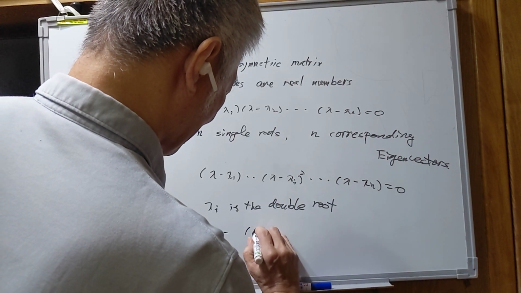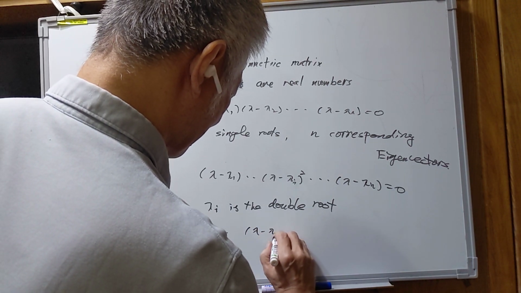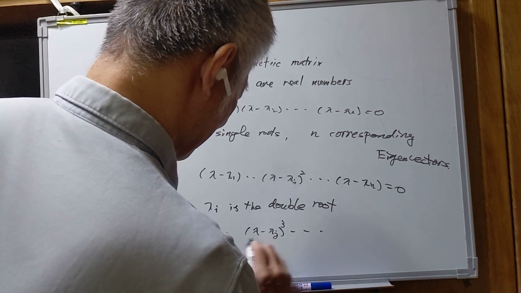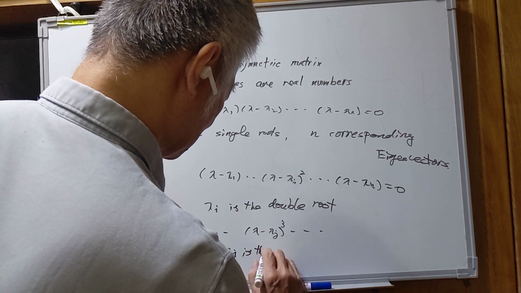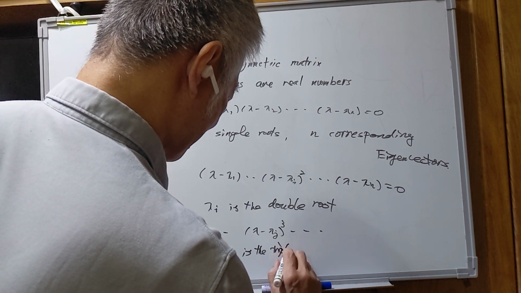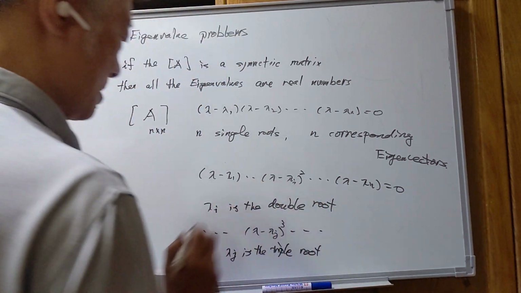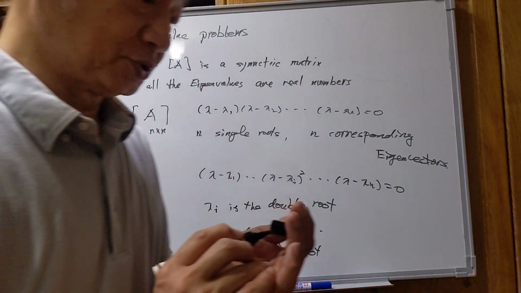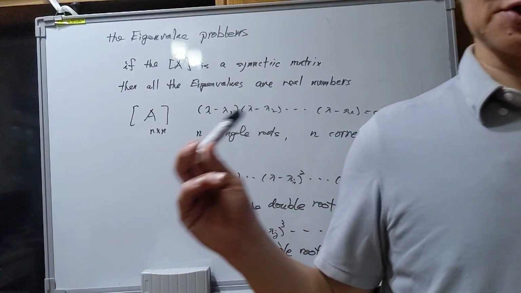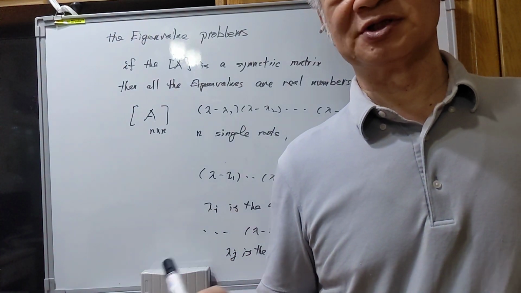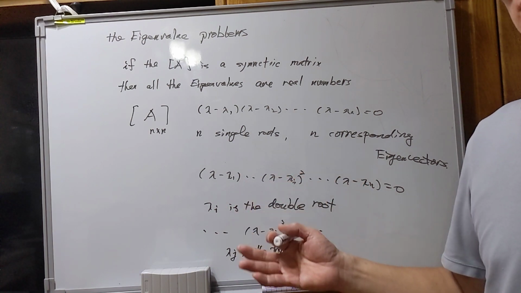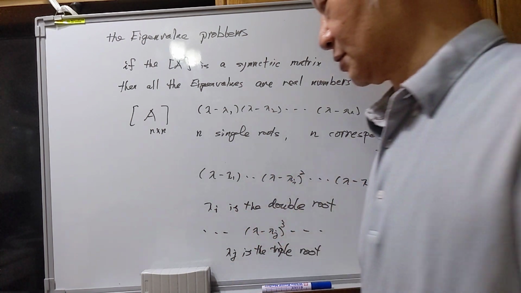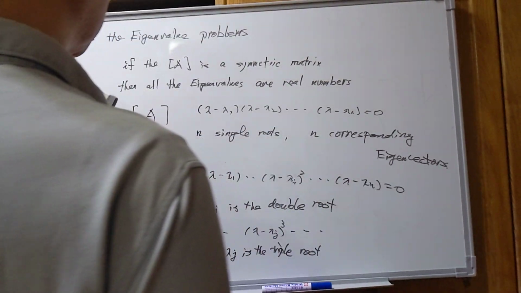Also, we could have lambda_j as a triple root. So we could have the single root, double root, triple root, and you can go on to the fourth-order root.